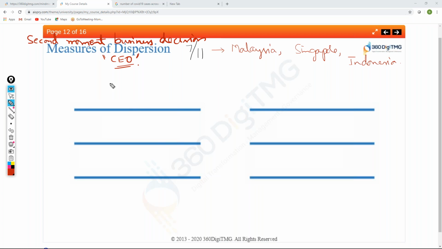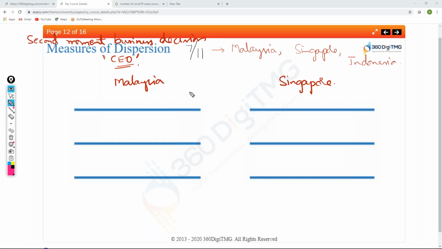And here, let us take Malaysia and Singapore. Say you have 6 months sales data of Malaysia and another 6 months sales of Singapore.